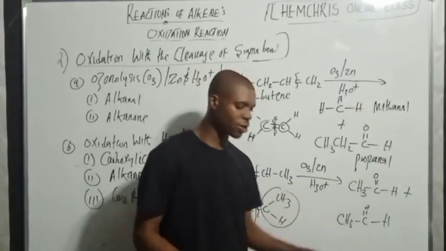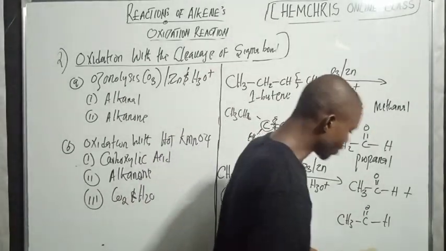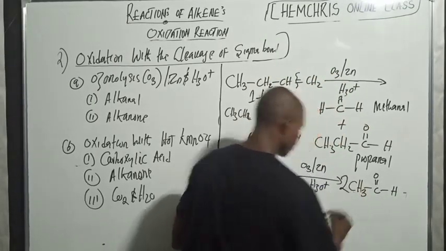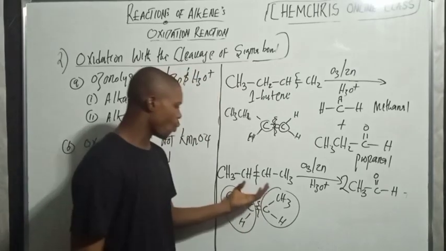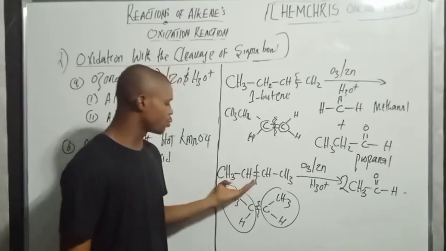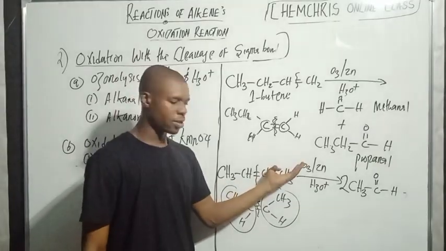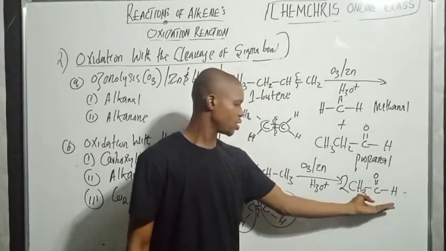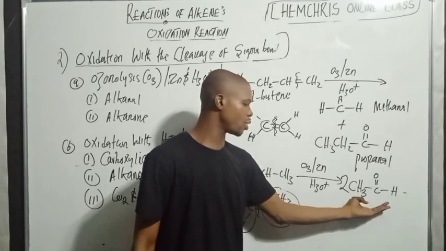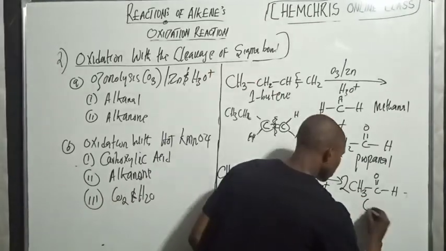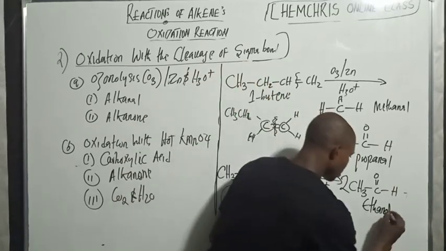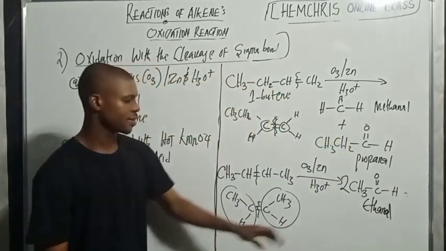So if you want to write the two of them to be the same, can you just do it like this, with a two? That is when you oxidize 2-butene with ozone, it's going to produce these two products here. You get two ethanal, two ethanal molecules. That is it.